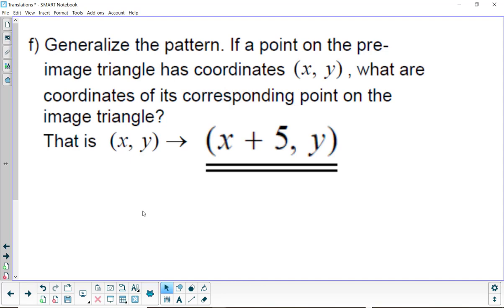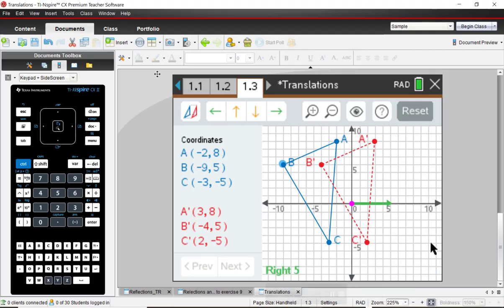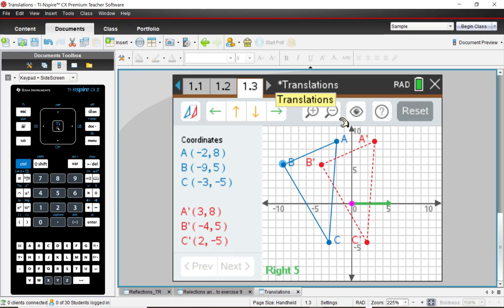All right, so let's look at 8a. 8A asks us to reset and take that triangle down 4 units, translate it down 4 units. Let's go ahead and look at that on the TI-Nspire. So I'm going to go ahead and press reset.